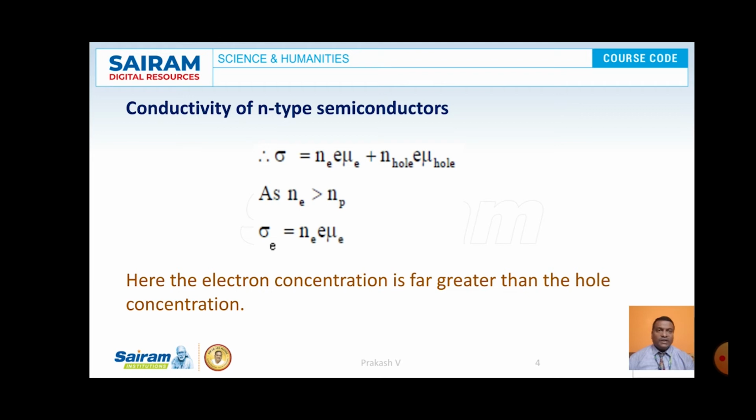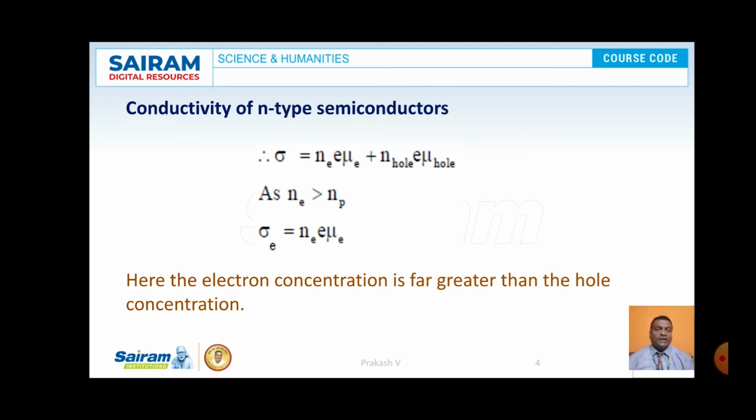The conductivity in case of n-type semiconductor is the sum of conductivity due to electrons and conductivity due to holes. Conductivity due to electrons is given by Ne into e into mu e, where Ne is the number of electrons per unit volume of the material, e is the charge on the electron, and mu e is the mobility of the electrons.